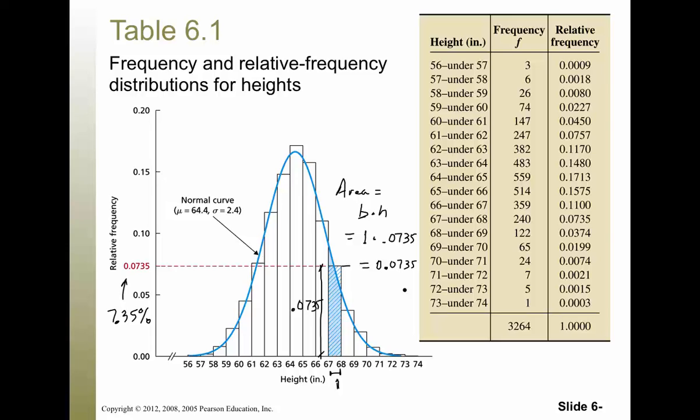Okay, so there's this relationship, an equivalence between frequency and area. The area of that shaded region, 0.0735, is the same as the frequency for that range of the variable.